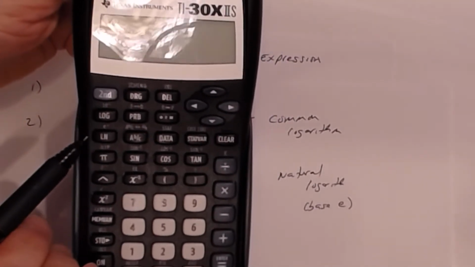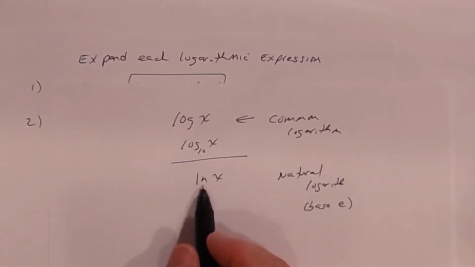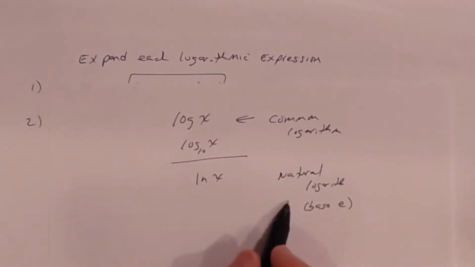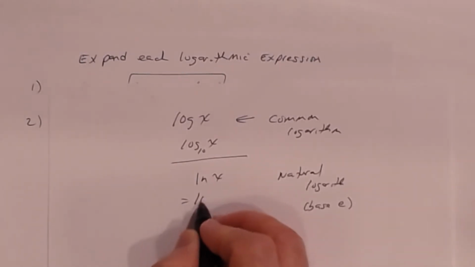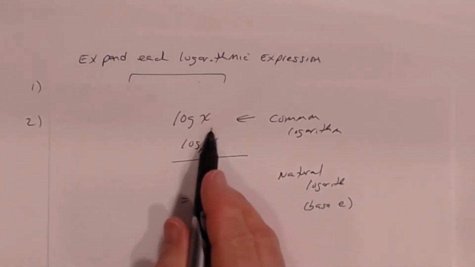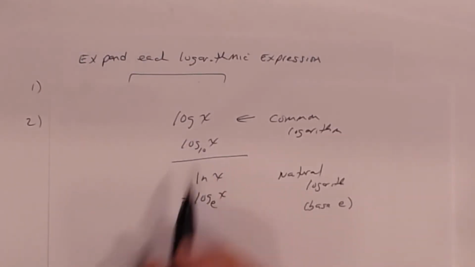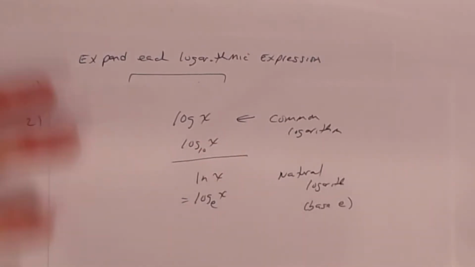That's a natural logarithm, ln. So whenever you see ln x, that's understood to be base e. So ln x means log of x base e, and log x means log of x base 10. All right, so common logarithm, natural logarithm. We're going to come back and talk about that as we go through this process.